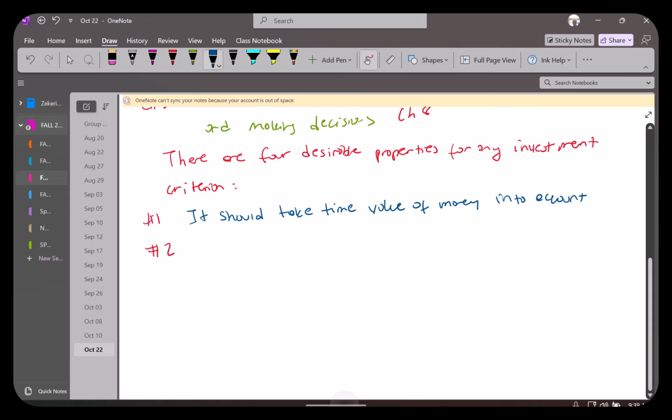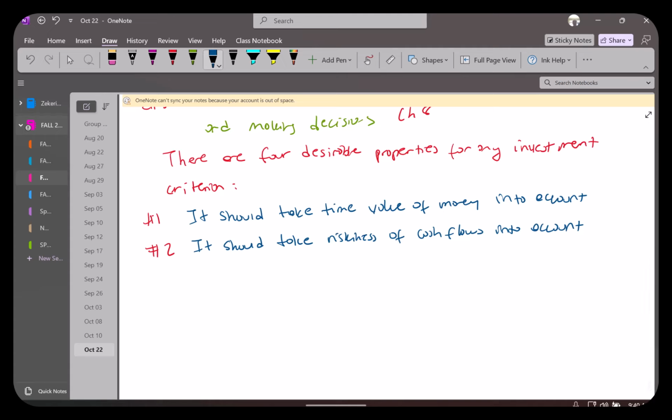Number 2, it should take riskiness of cash flows into account. Certain projects are not as risky.